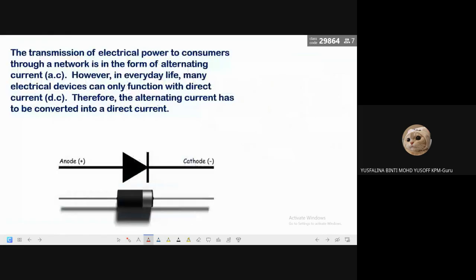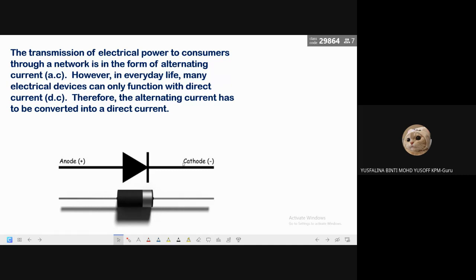Okay, so this is a diode, and this is the picture of the diode. But you cannot draw this one. If they ask you to draw the schematic diagram, we have to use the symbol. We need to remember which is positive and which is negative. This one is very important. This is for forward bias and reverse bias.